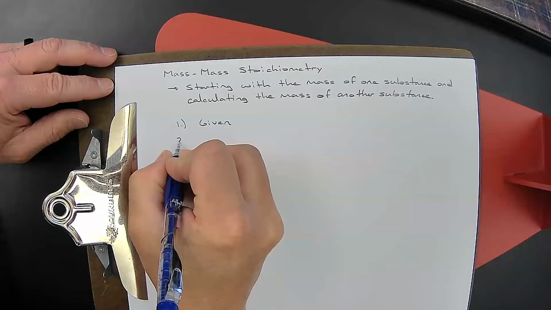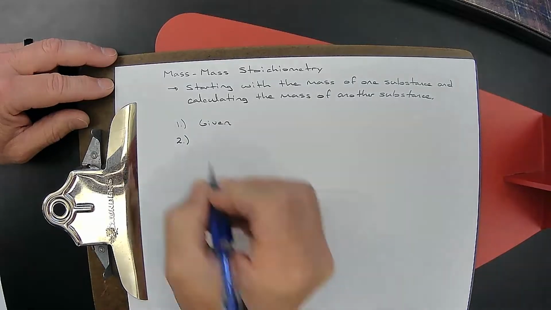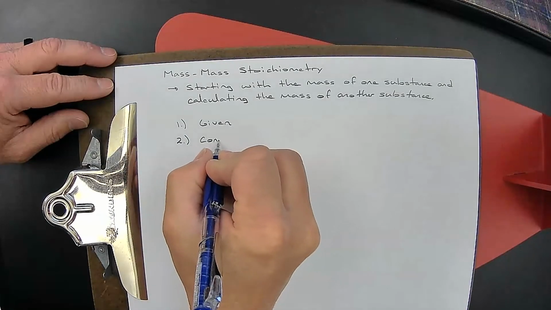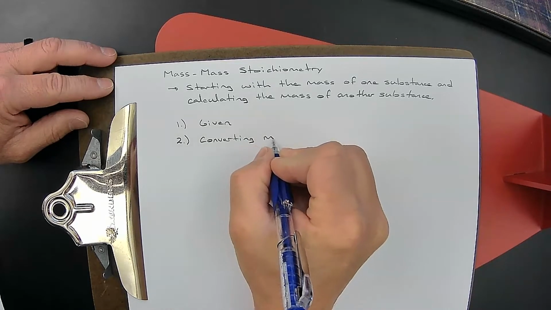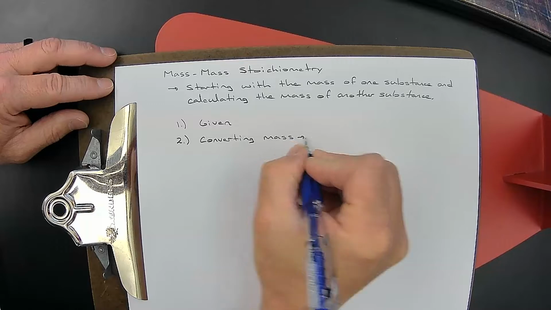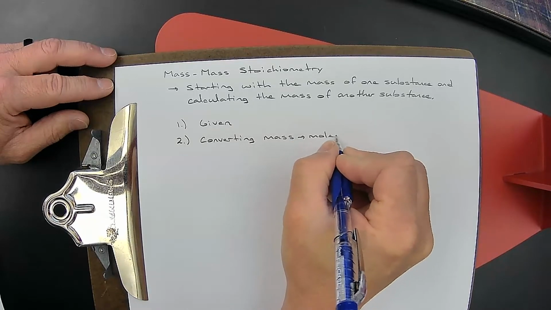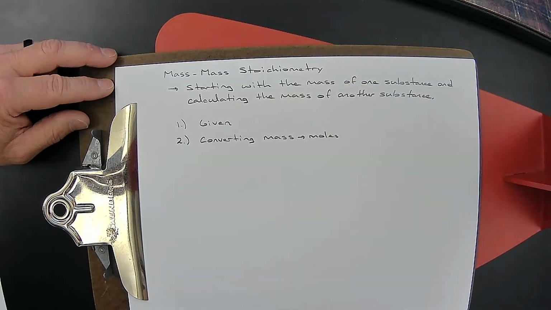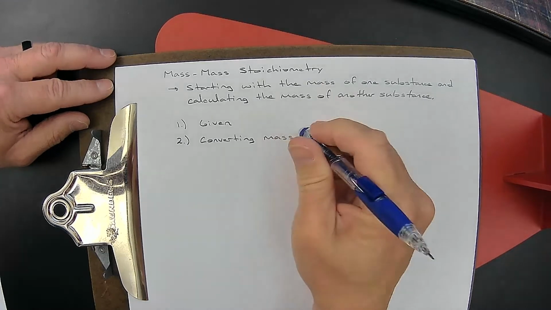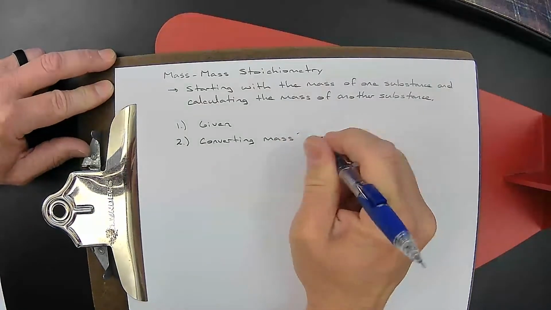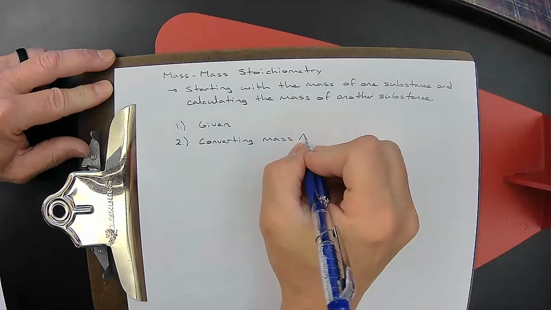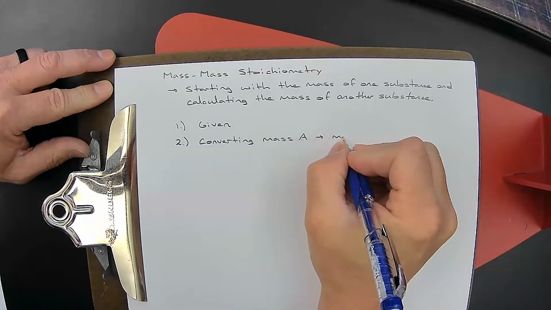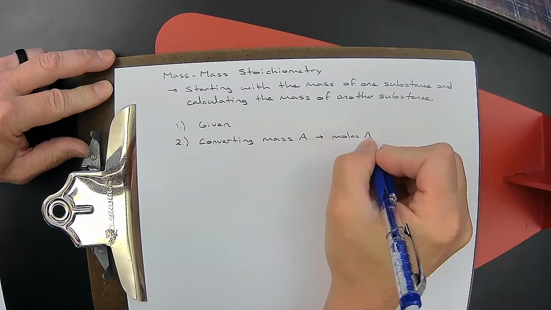The second step is converting from mass into moles. And technically, it's converting from the mass of substance A into the moles of substance A.